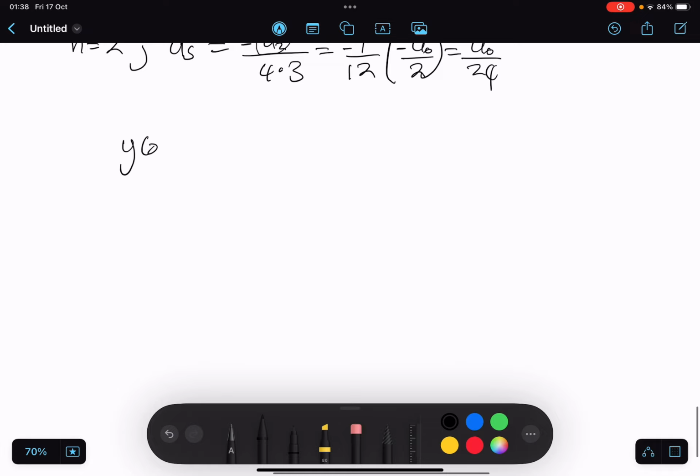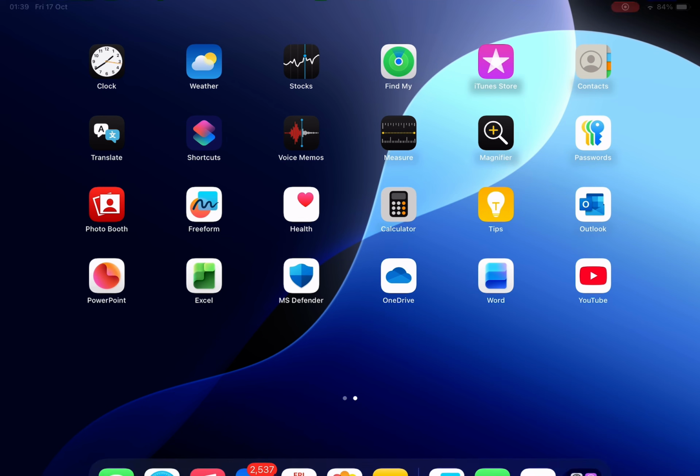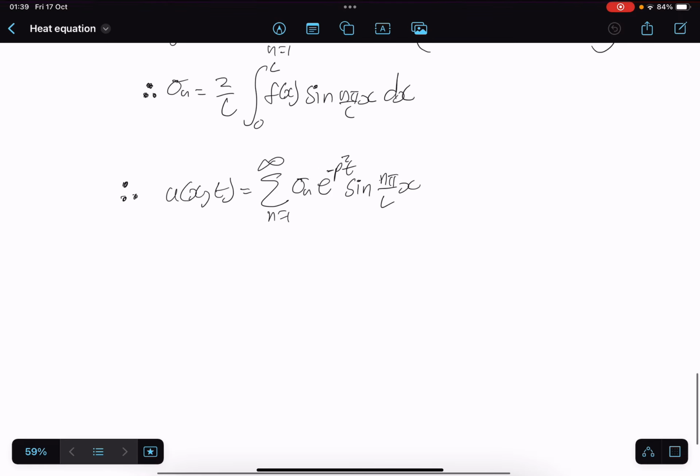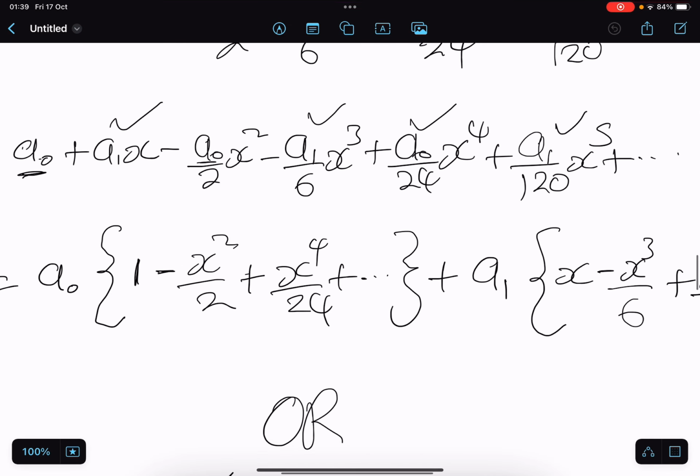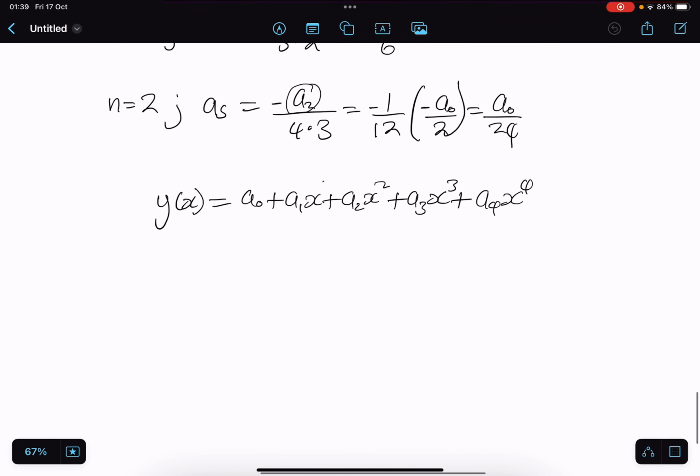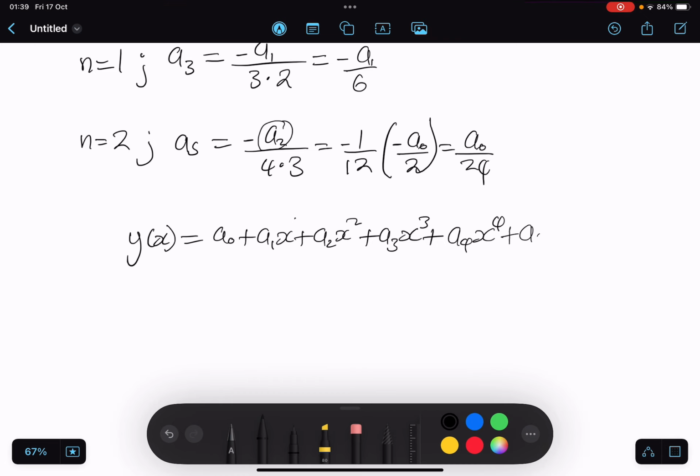Remember, we assume that our series is a naught plus a1x plus a2 x squared plus a3 x cubed plus a4 x to the power 4 plus a5x5 plus this continues.